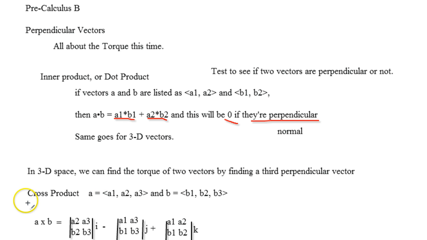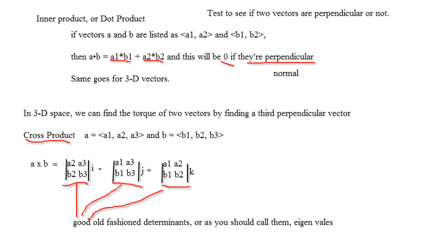You're given two vectors acting on each other, and they don't have to be perpendicular. The cross product of two vectors creates a third vector that is perpendicular.